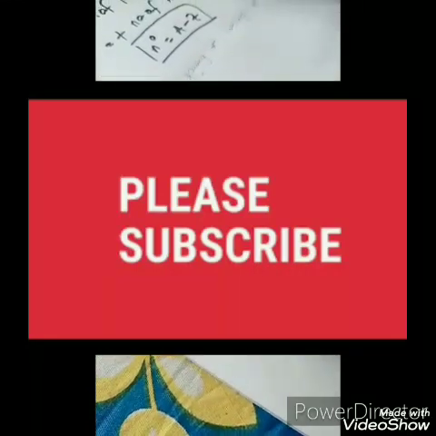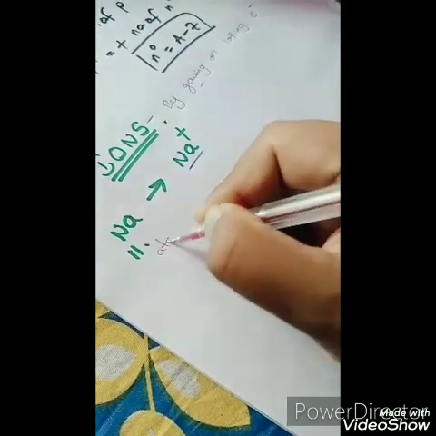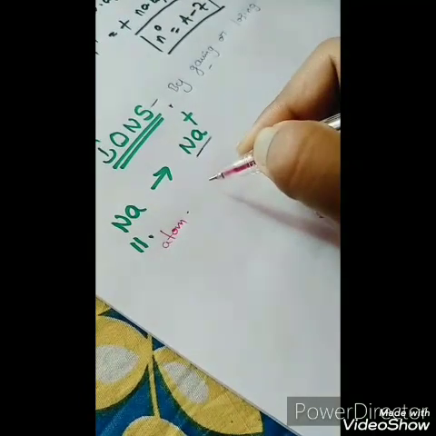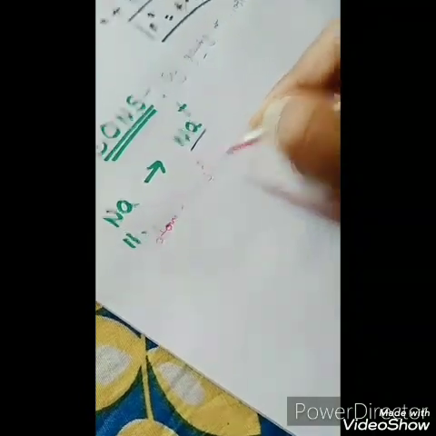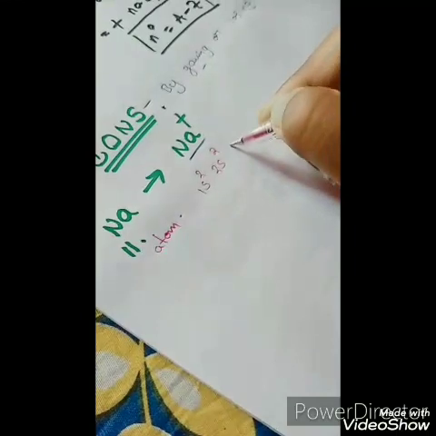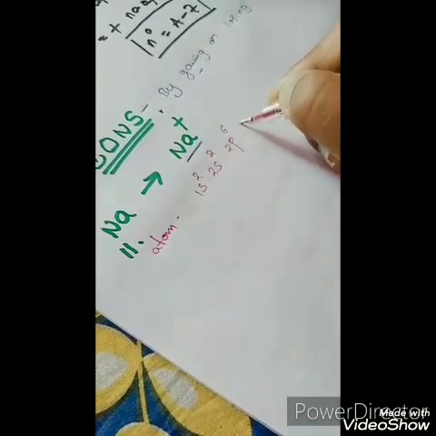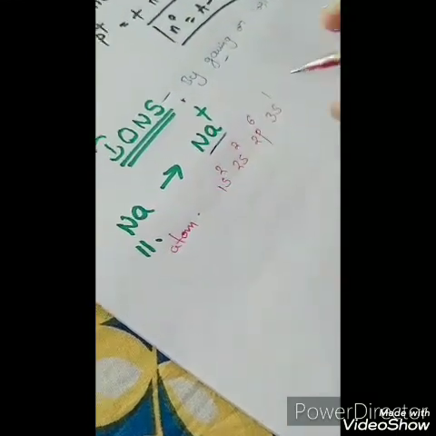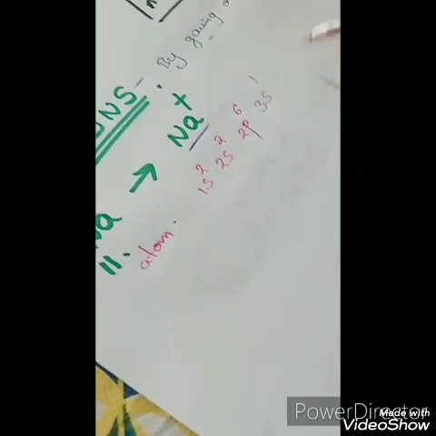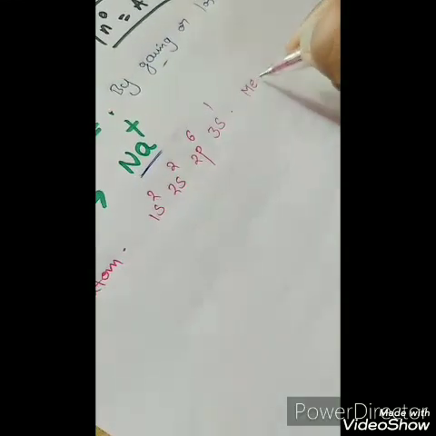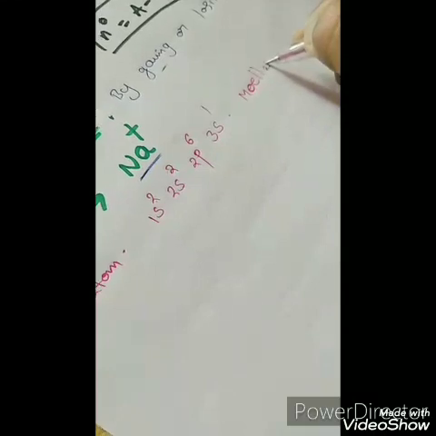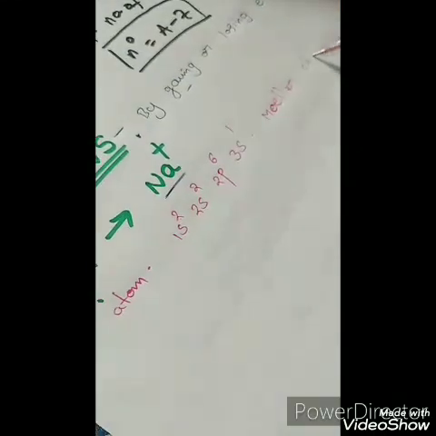If you take the sodium atom, the electronic configuration must be 1s2, 2s2, 2p6, 3s1, based upon the Moeller chart, nothing but Moeller diagram.